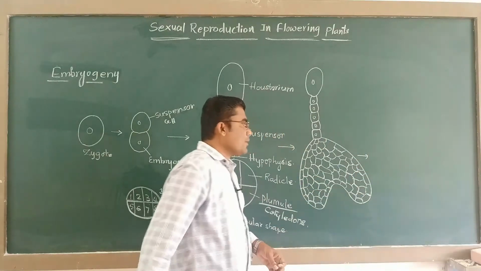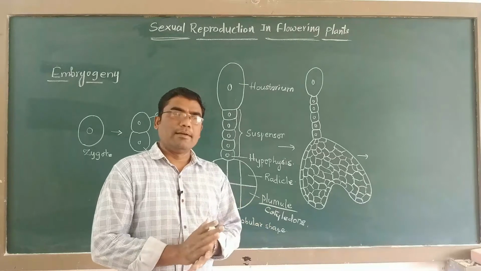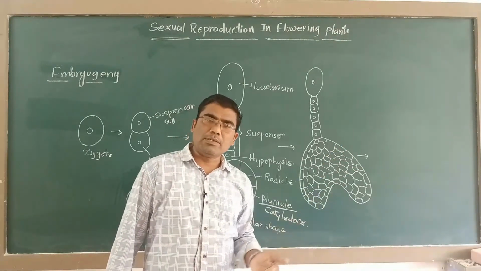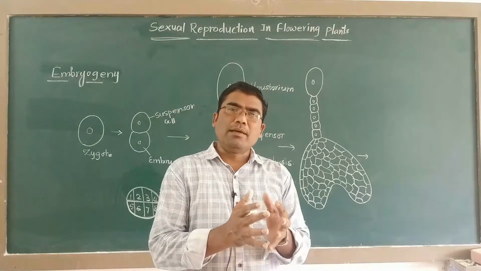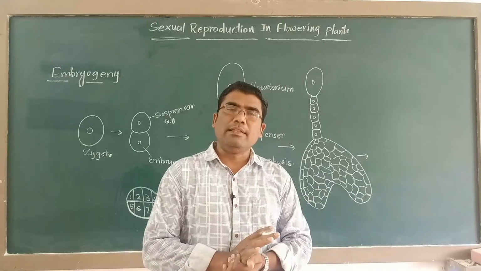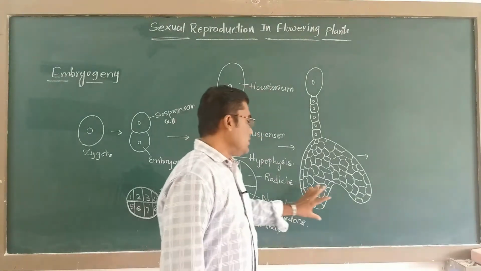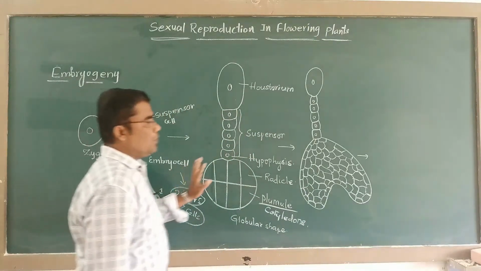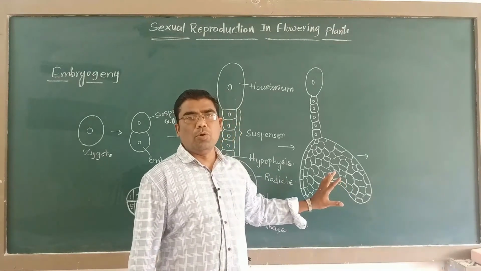After this stage, the dicot and monocot embryos become totally different from each other in their shape, size and structure. Up to this stage, we can say that the basic development of the embryo remains the same in dicot as well as monocot plants.